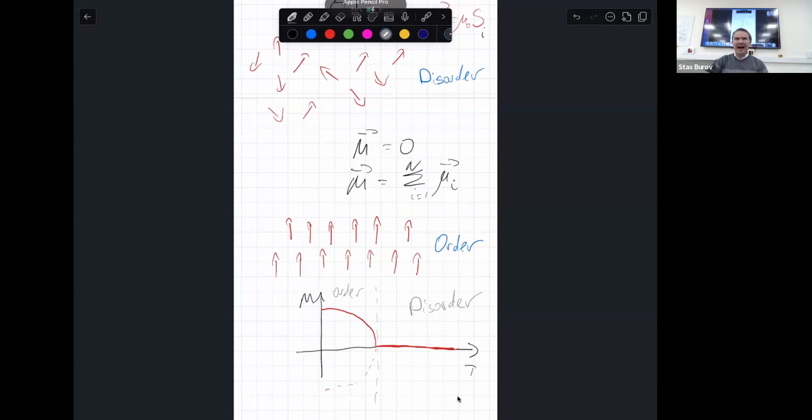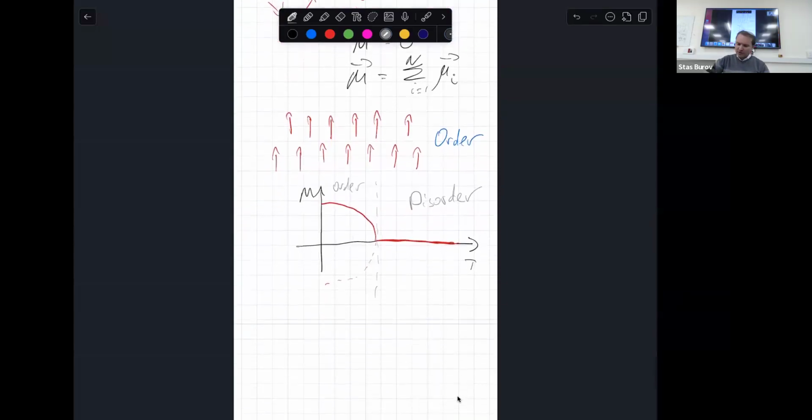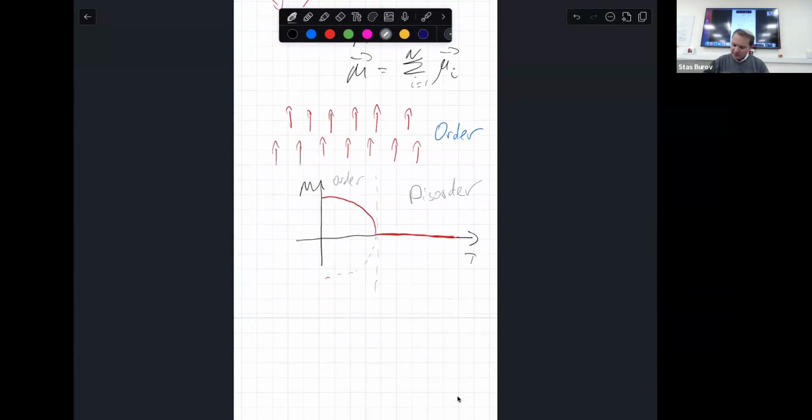Now, I can understand order if you have a preferred direction, okay? What do I mean? If you remember, I plotted this plot that self-magnetic moment as a function of external field for a paramagnetic material was growing up like this and decreasing like that, okay?